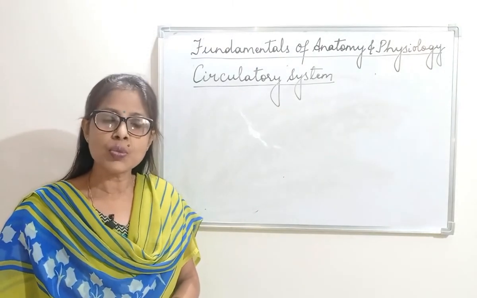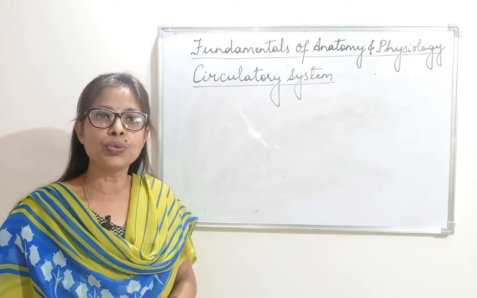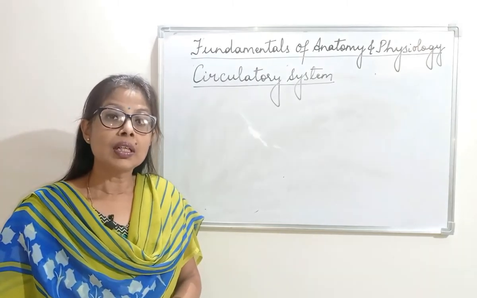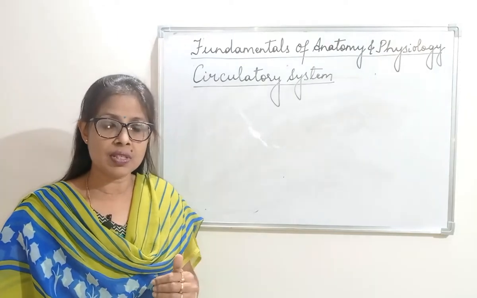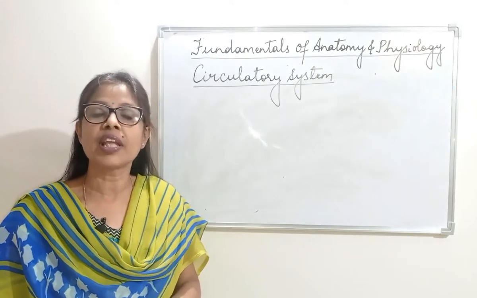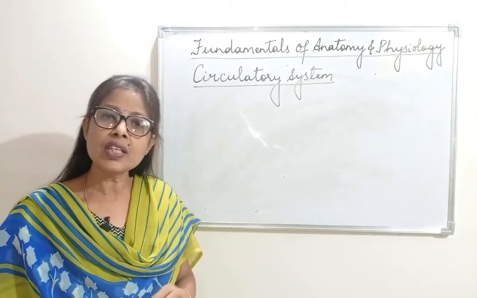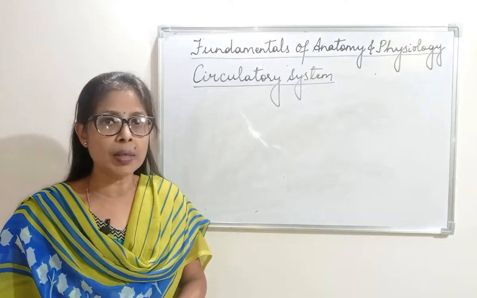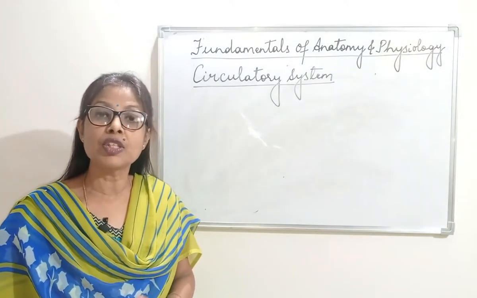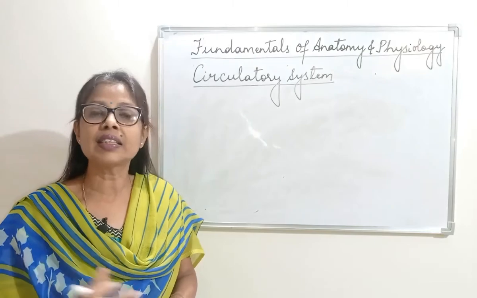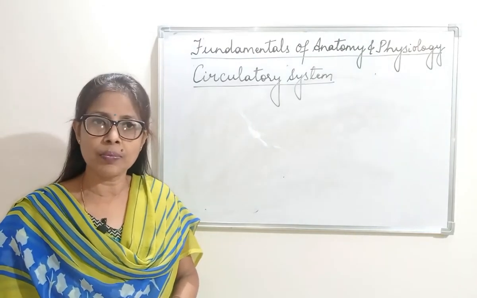In my previous video, I had explained to you about the respiratory system. That is how oxygen enters our body. And this oxygen mixes with the blood in order to make it pure, and that is supplied in all parts of the body.